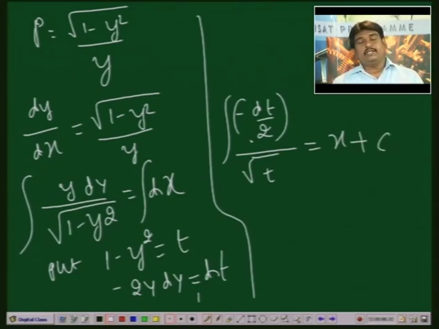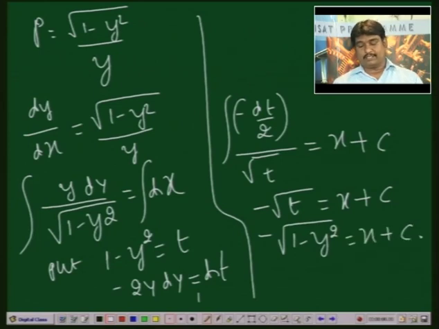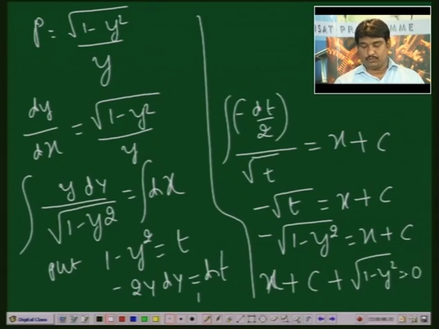This is integration of minus dt by 2 root t, and integration of 1 by 2 root t is root t. You will get minus root t equals to x plus c. Root t is root of 1 minus y square equals to x plus c. This implies x plus c plus root of 1 minus y square equals to 0.